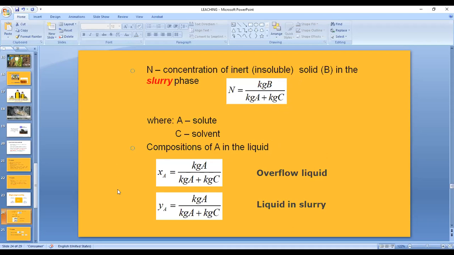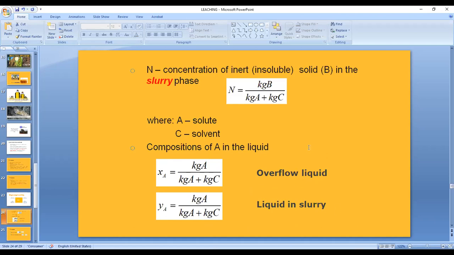The same is true with the manner we represent the overflow, which is now X, and the underflow, which is Y. The liquid in the slurry or in the underflow has this concentration in terms of the solute. So the denominator is still the sum of A and C. And for the overflow, it's still kilograms A plus kilograms C. Okay, take note, we have X for the overflow and Y for the underflow.